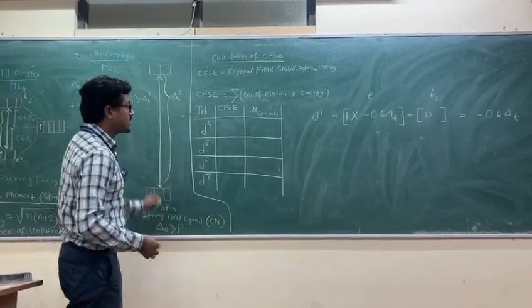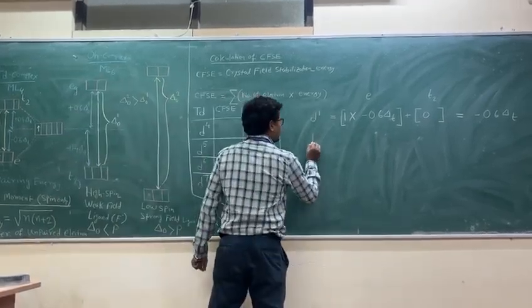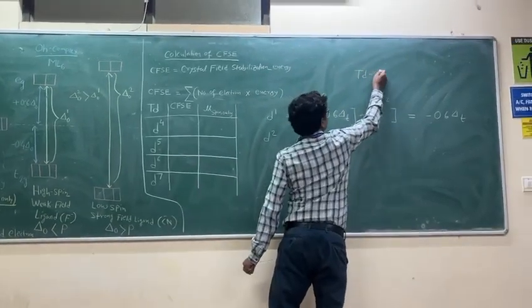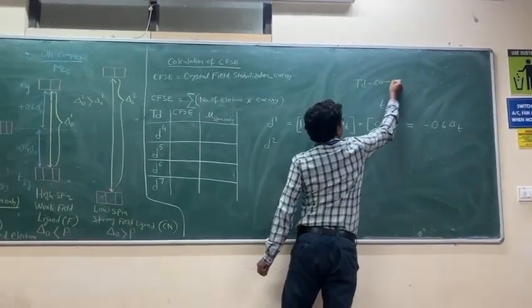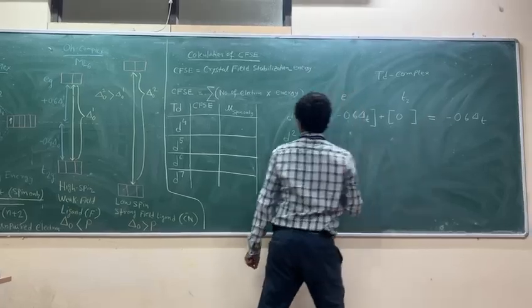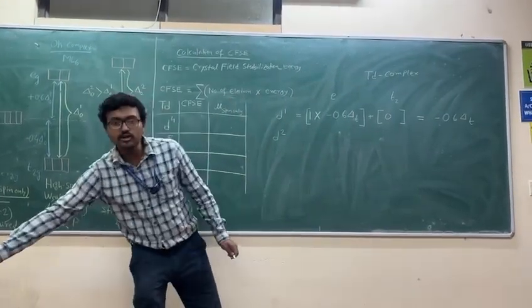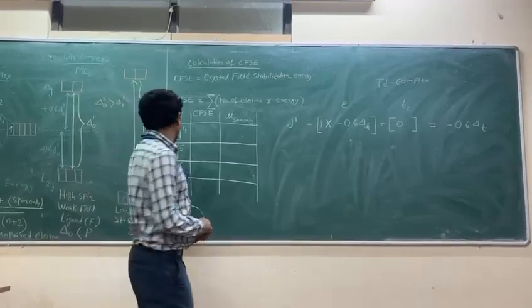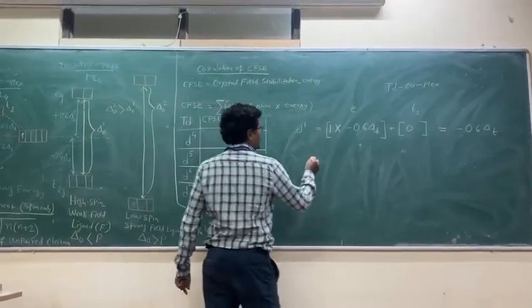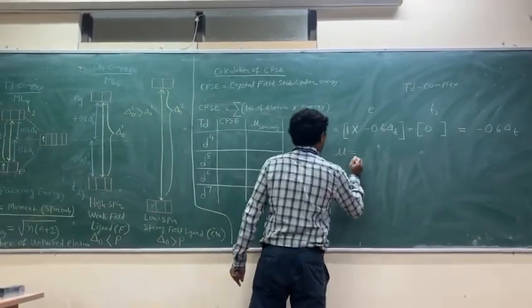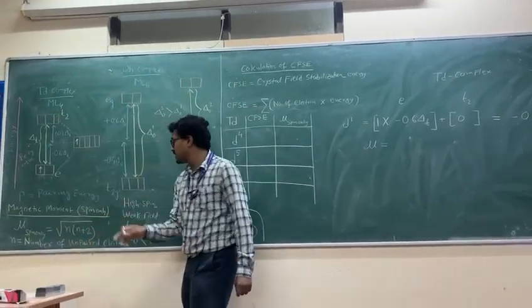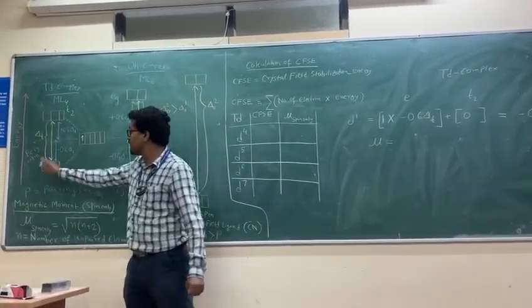Now if we have 2 electrons, d2, if we are calculating for the tetrahedral complex. Okay. So this is the CFSE value. Another thing we also have to calculate is the magnetic moment, right? Magnetic moment mu means the number of unpaired electrons. There is one unpaired electron.